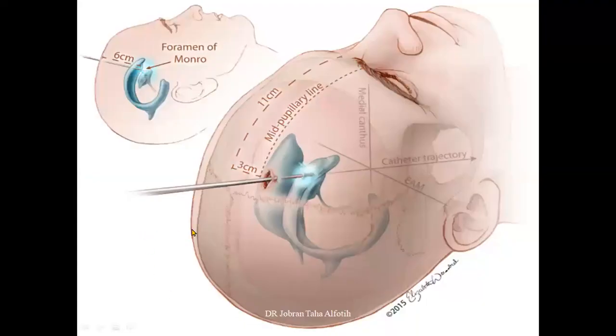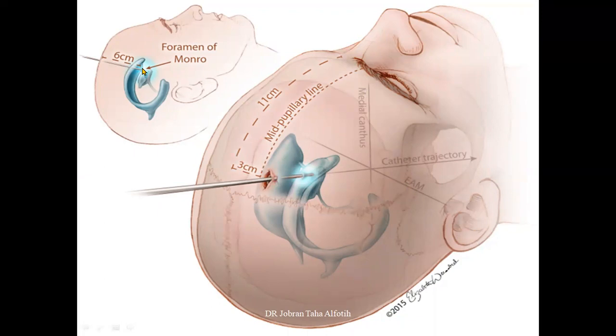As we see in this picture, here is the midline. This is the nasion. Here is 11 centimeters from the nasion and 3 centimeters from the midline, and this is the entry point. And our trajectory is the intersection line between the ipsilateral medial canthus and the ipsilateral external auditory meatus.